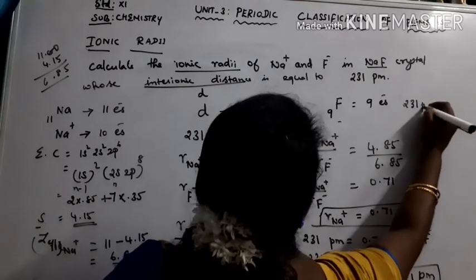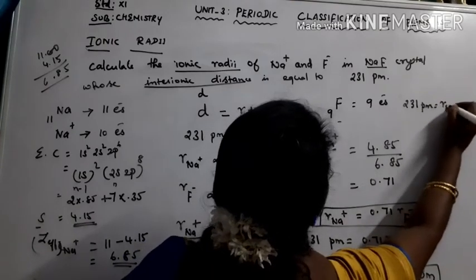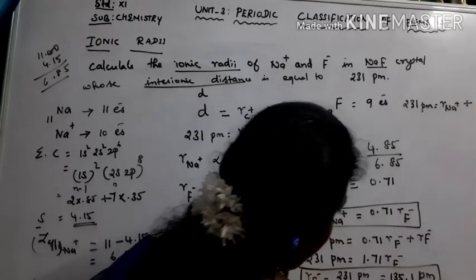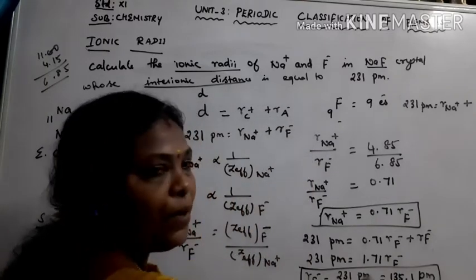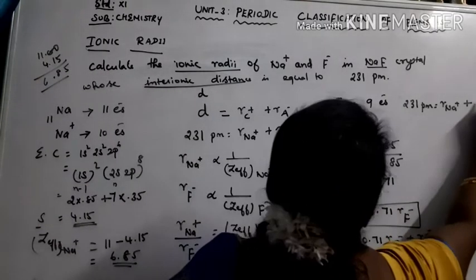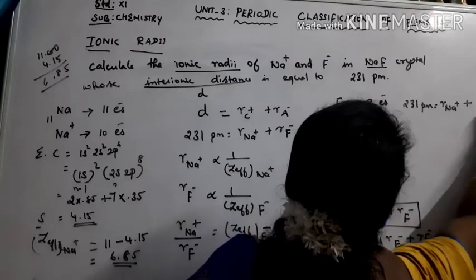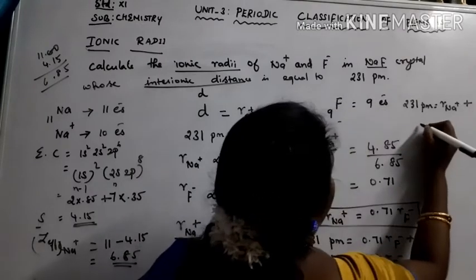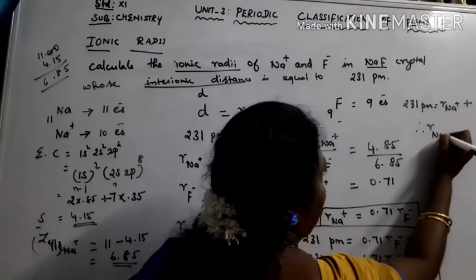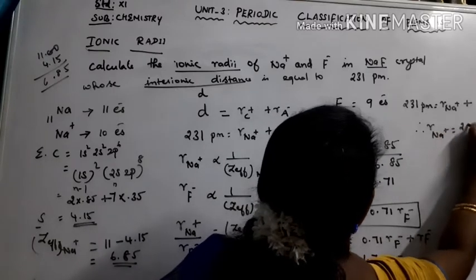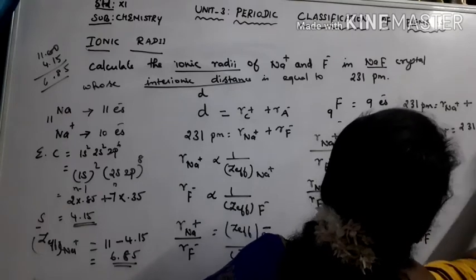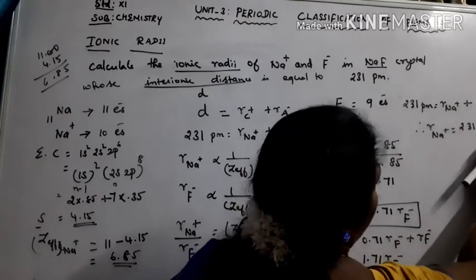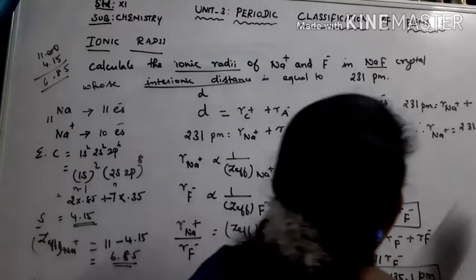231 picometer equal to radius of Na plus plus, here we have calculated the radius of fluoride ion as 135.1 picometer. So therefore radius of Na plus equal to 231 minus 135.1. Let us subtract this.